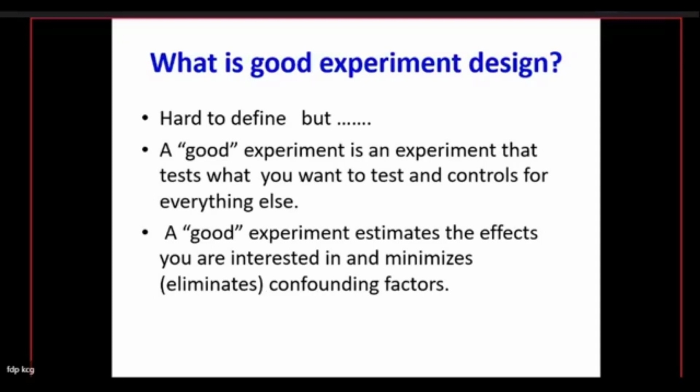A good experiment estimates the effect you are interested in and minimizes the confounding factors, minimizes the experimental error, minimizes the error due to noise, and minimizes the error due to uncontrolled factors.